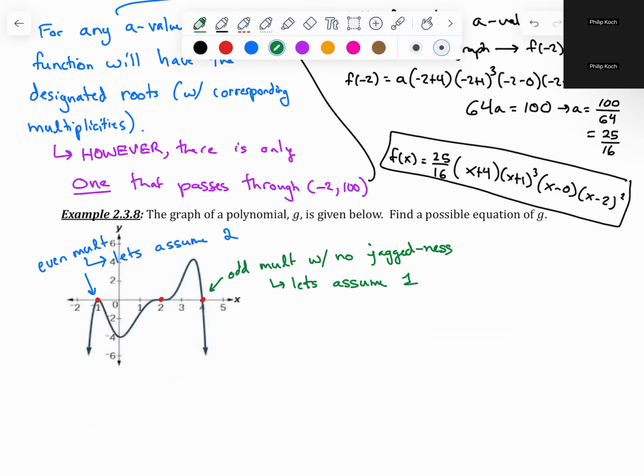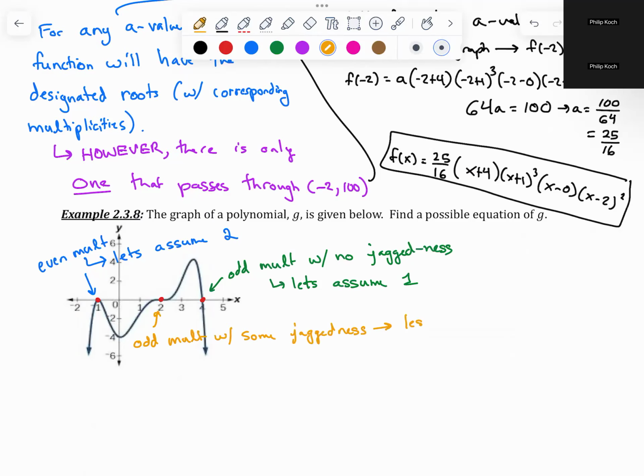And then this one's also odd multiplicity with some jaggedness.